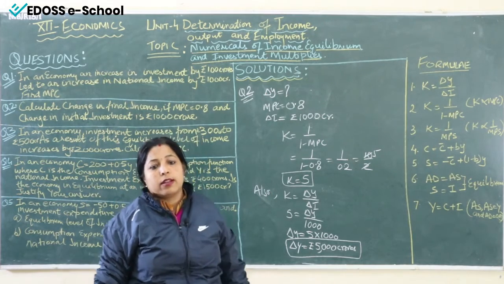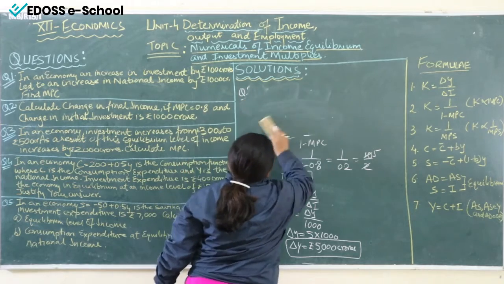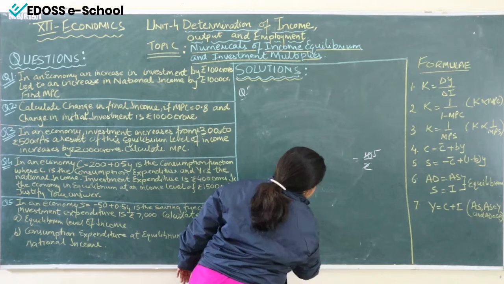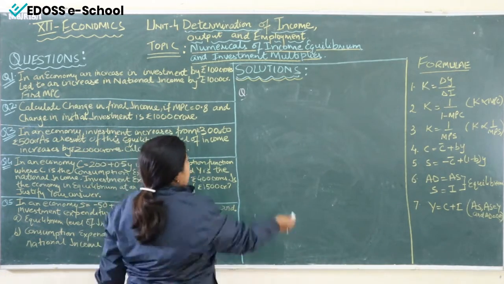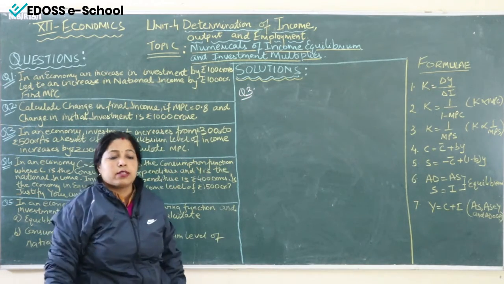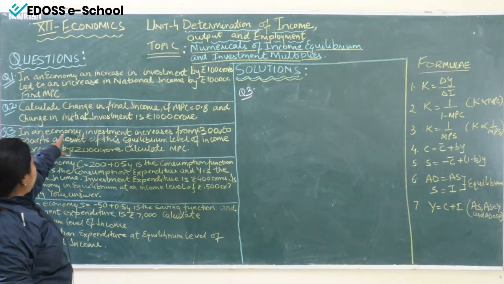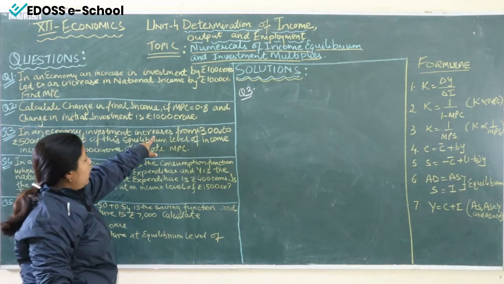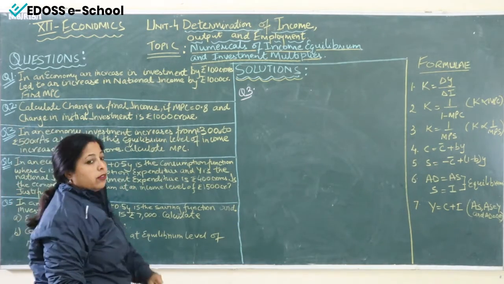Come on, let us take the next question now. That is question number 3. Now, what does question number 3 say? In an economy, investment increases from 300 to 500.